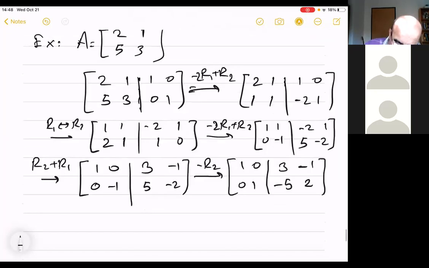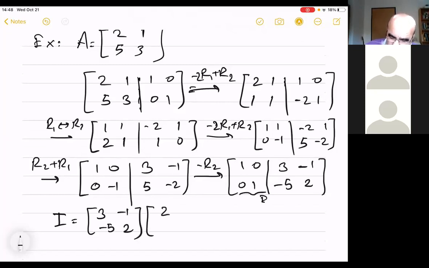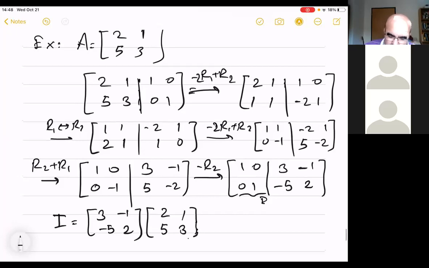So this is R, the identity matrix, which is the product of the matrix 3, -1, -5, 2 times A, which is 2, 5, 1, 3. You can really check that it's true.